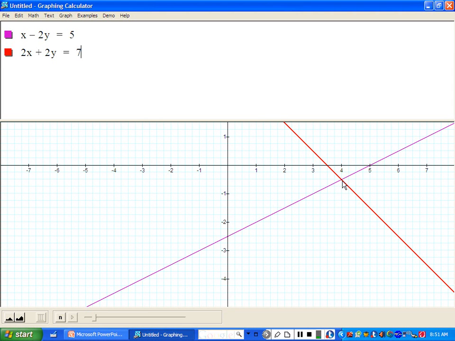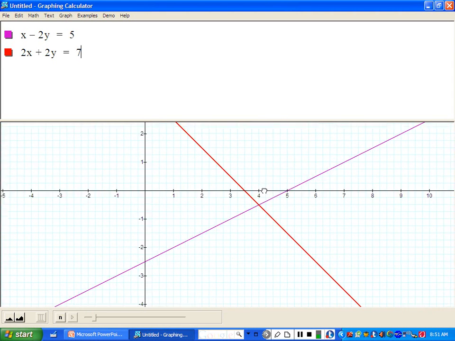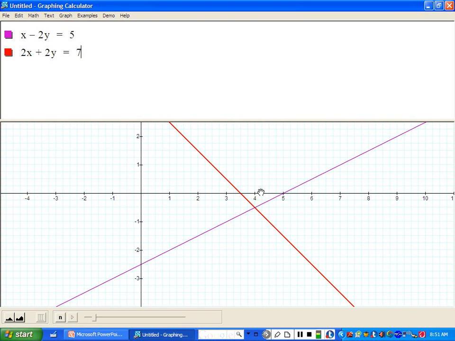So this indicates which line we're dealing with, but what we're mostly concerned about is where the two lines intersect. And just notice that it intersects where our solution was. It said (4, -1/2). So it intersects right in here, and this is (4, -1/2).